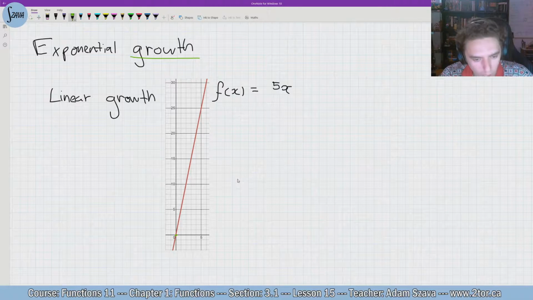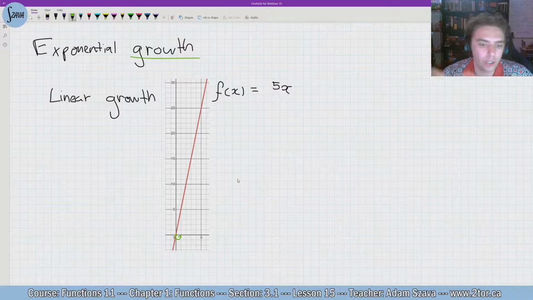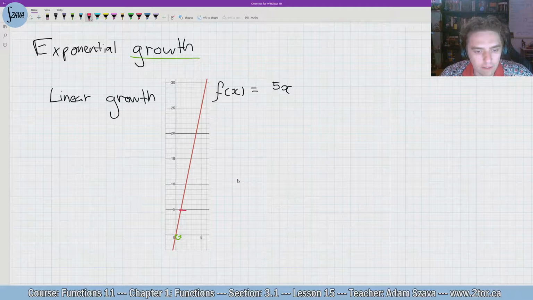But if you take one step along the x-axis to the next x value, add 1 to it, from 0 you go to 1. How much did the height of the function change as a result of that one step? In this case, it was 5.